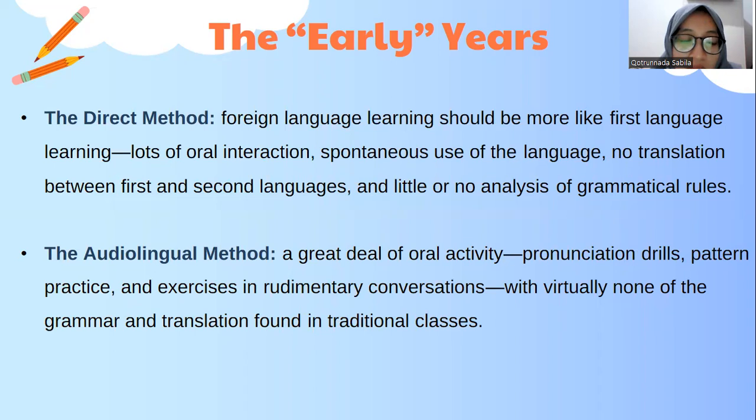And then for the audiolingual method, the characteristics are a great deal of oral activity, pronunciation drills, pattern practice, and exercises in rudimentary conversations with virtually none of the grammar and translations found in traditional classes.